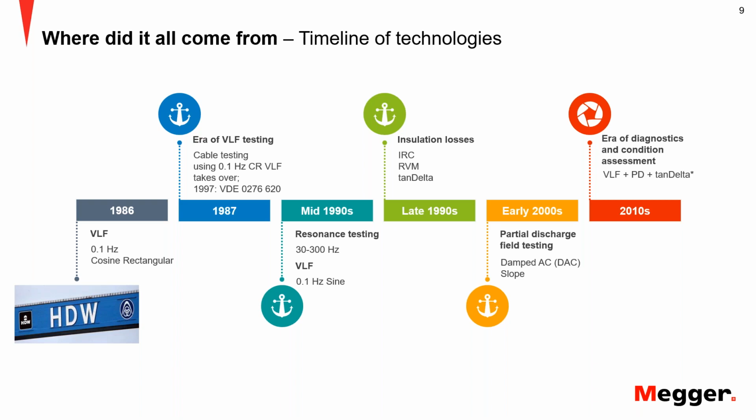So it was laboratory grade testing, which then transposed into the field. And since then, especially since the 2010s, everybody is now thinking more in a broader way and thinking condition assessment, combining multiple things to get a good picture of your cable installation.